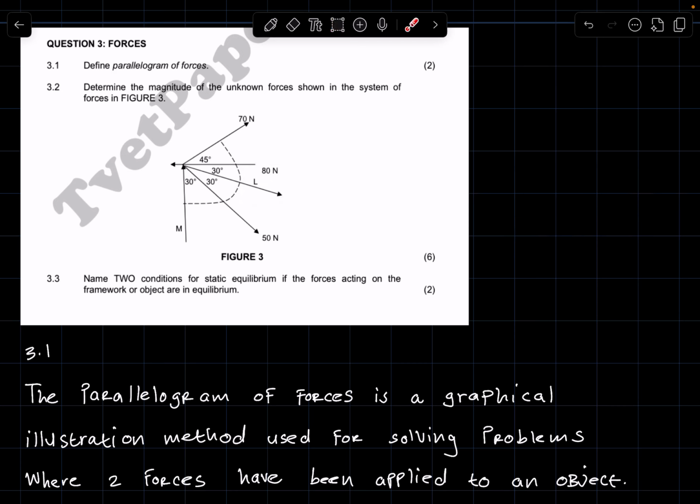So if you look here, we have two forces, the 80 newtons and the M, pointing towards the point where these forces coincide.